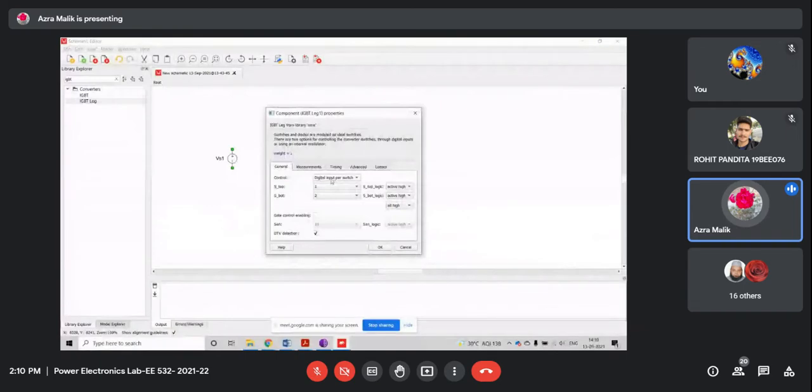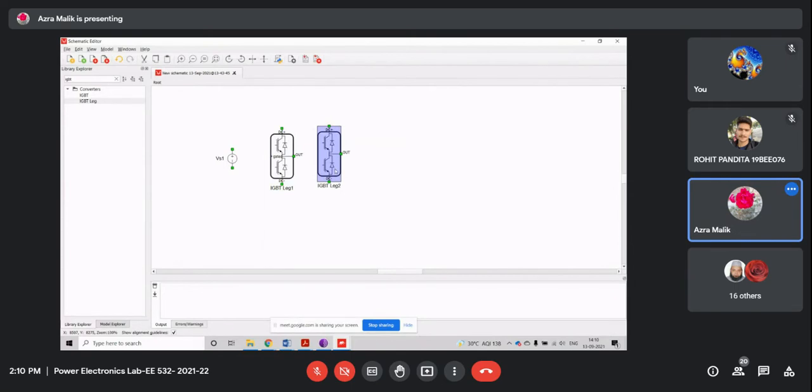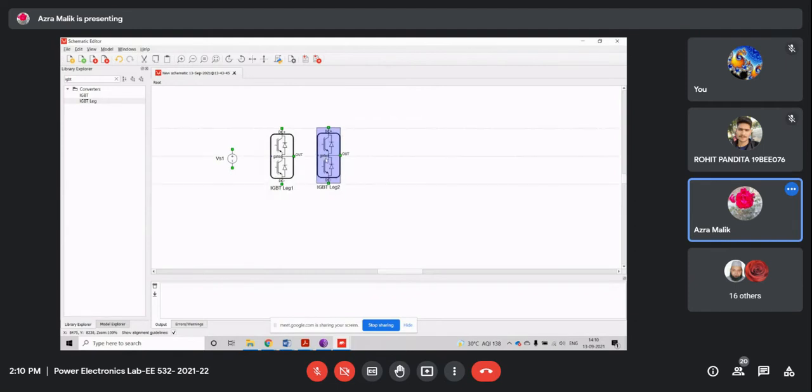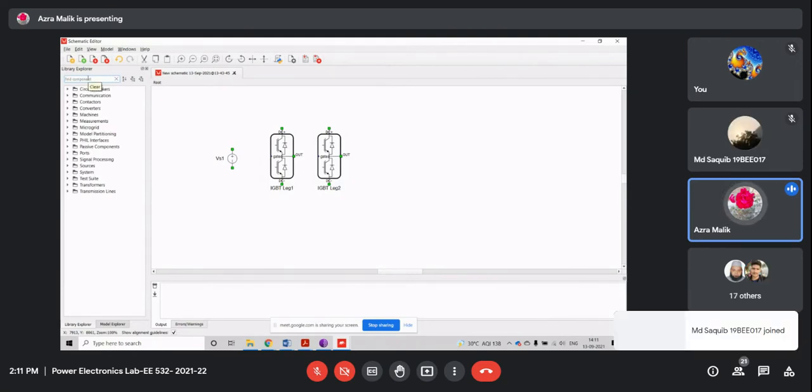Make sure you change the settings of control to model so that we can give the pulse width modulation directly from the outside. Okay. So after the inverter, we will use LC filter.